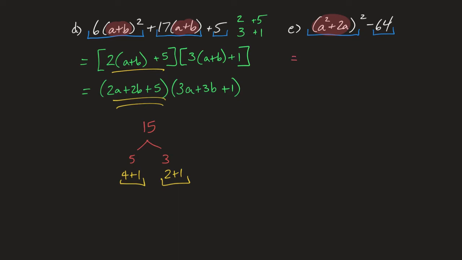So if we recognize that what we have is a difference of squares there, then let's factor it. When I factor my difference of squares, I know I get conjugates. The same thing inside my brackets, different signs in between my terms. So maybe I say, okay, what was squared to give me my first term in my original expression? Well, it was an A squared plus 2A. So that goes at the front of both brackets.